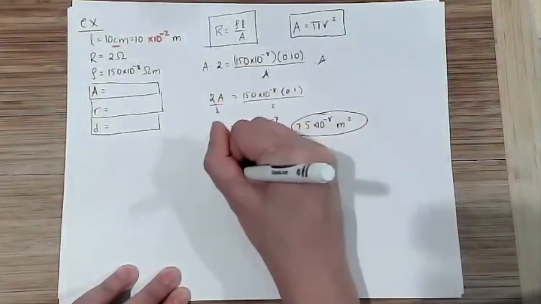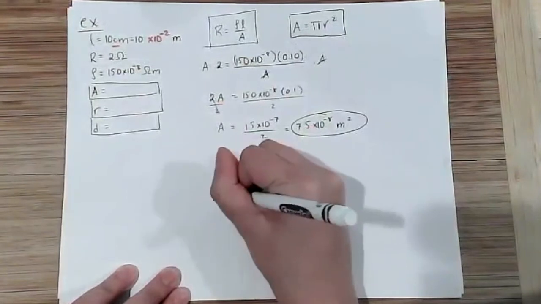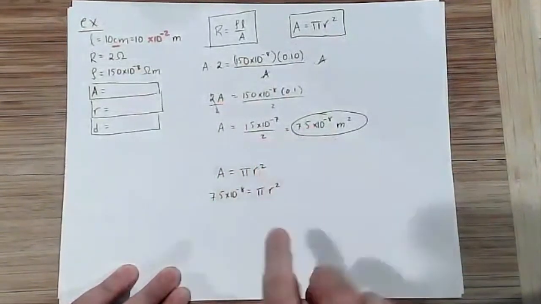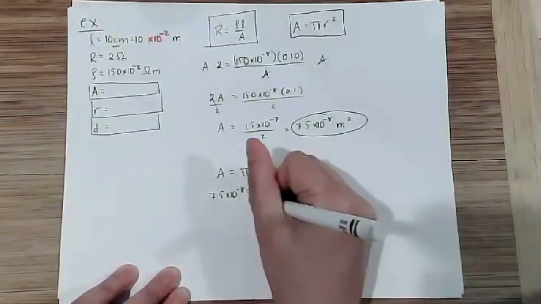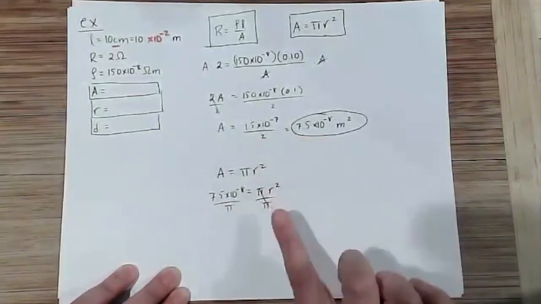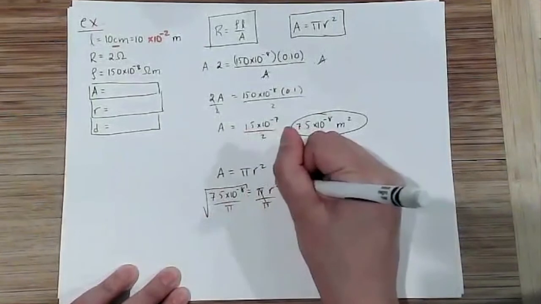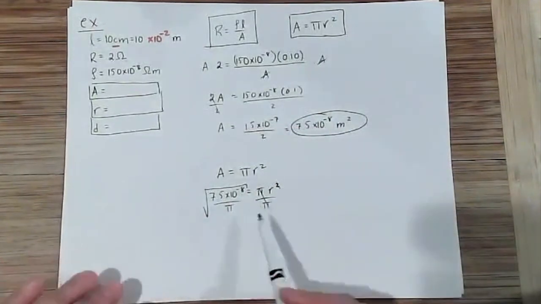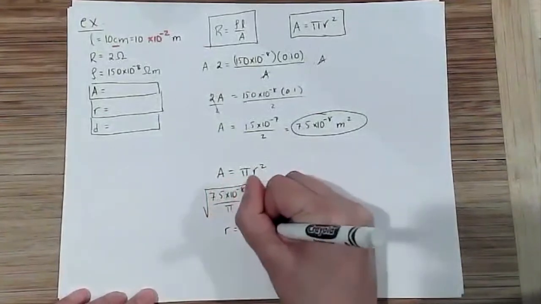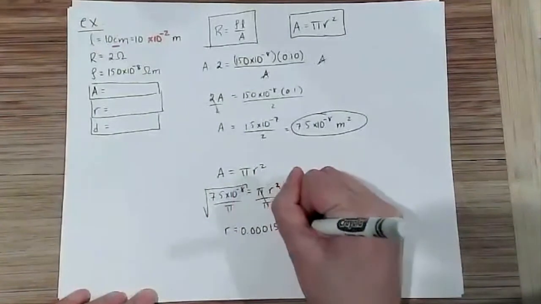If we know the area is pi r squared, and the area is also 7.5 times 10 to the negative 8th meters squared, I would divide by pi on both sides. This leaves r squared by itself, so I need a square root to get rid of that. Substituting into my calculator, this gives a radius of 0.00015 meters.